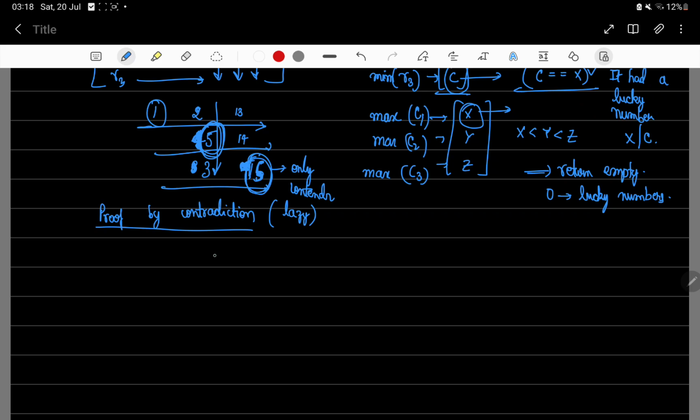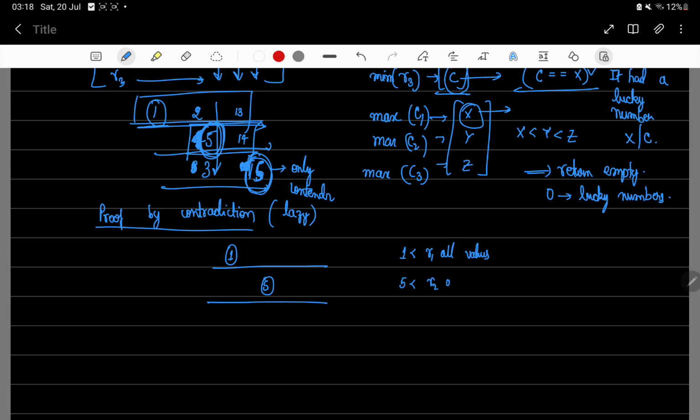Wherein, if I just take these values, right? Suppose if I take 1 and 5's example itself, I know that 1 is the least in this row, right? And I'm considering that 5 is the least. And what I'm trying to say, that if I have 2 such values in 2 different rows, such that 1 is the least in the R1 all values and 5 is the least in R2 all values, and I have the condition that 5 is greater than 1, of course.